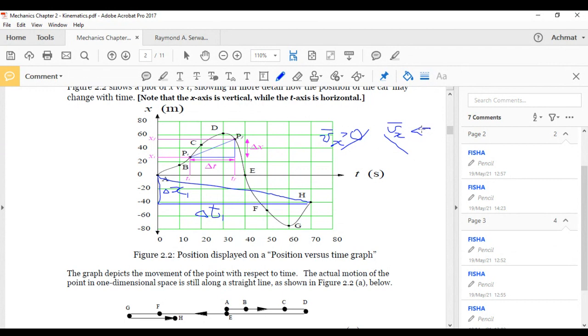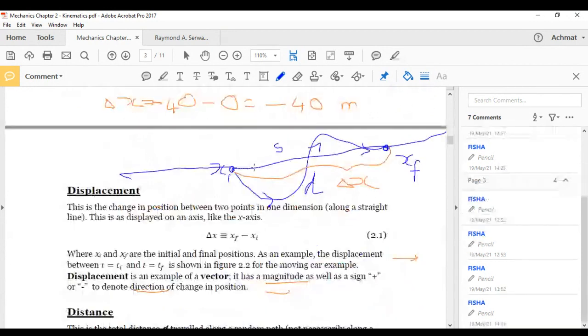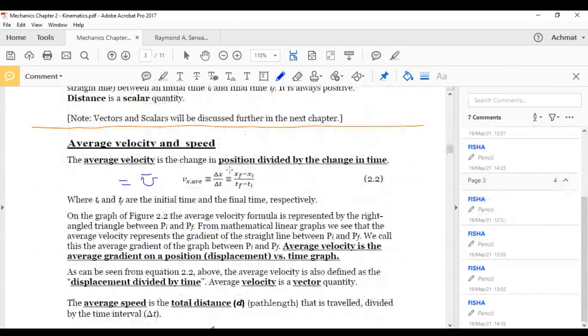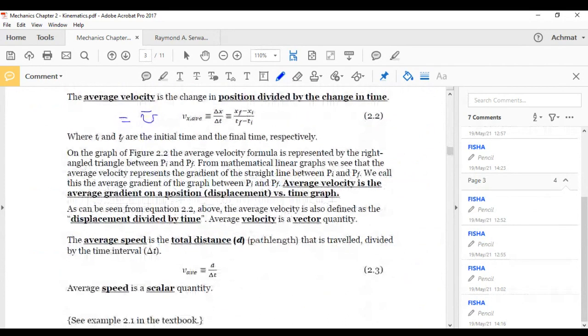There that will be negative. So the line in that direction is a negative gradient, so that's a negative average velocity. And the line in that direction is a positive gradient, so that will be a positive average velocity. That was not mentioned in the notes, so if you can, write it down in your notes as well.